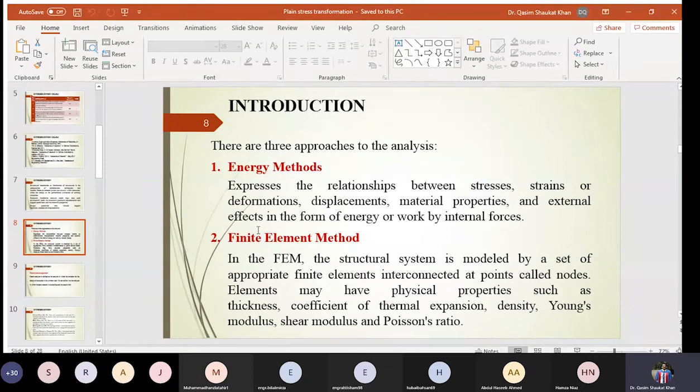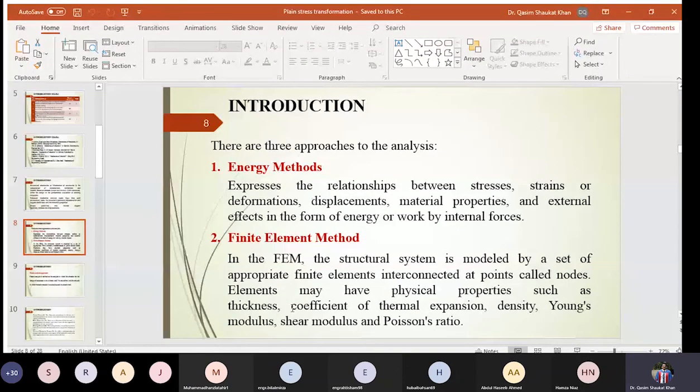Okay, and if we can calculate the strains, we can get the stresses, or if we have the stresses, we can get the strains as well, because we have physical properties like density, Young's modulus of elasticity, shear modulus, Poisson's ratio, coefficient of thermal expansion, and thickness.